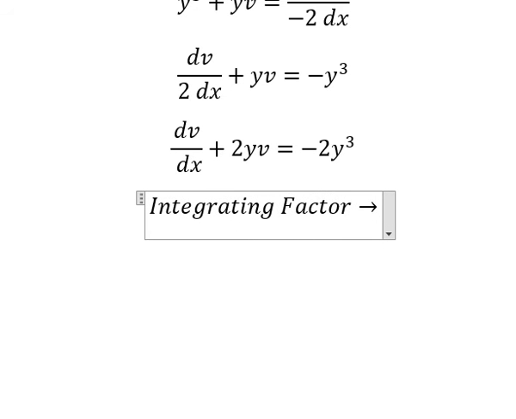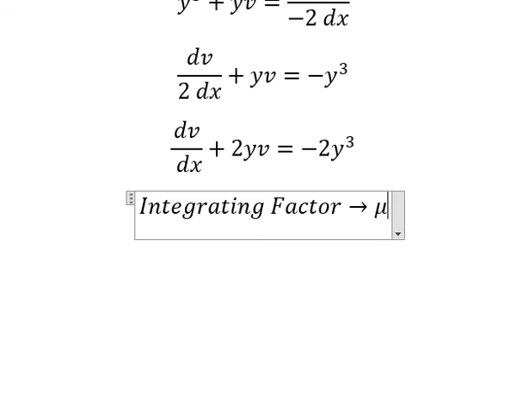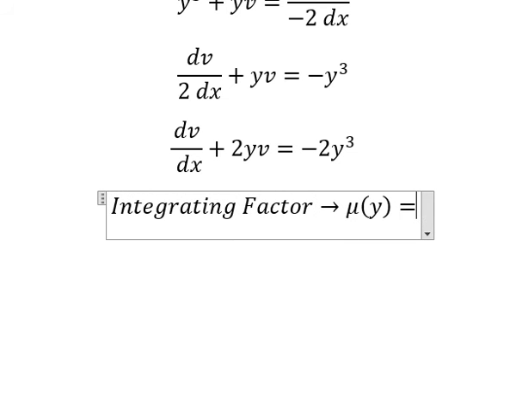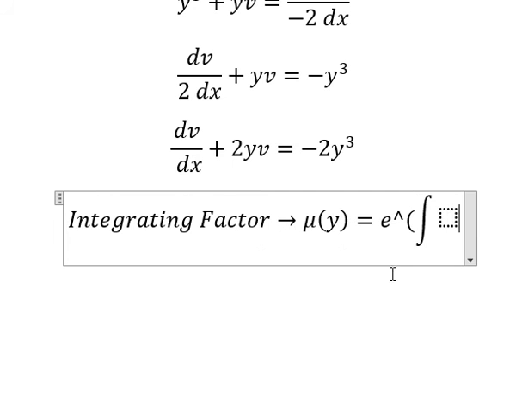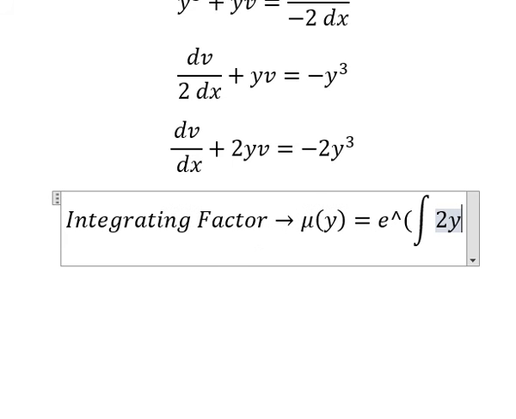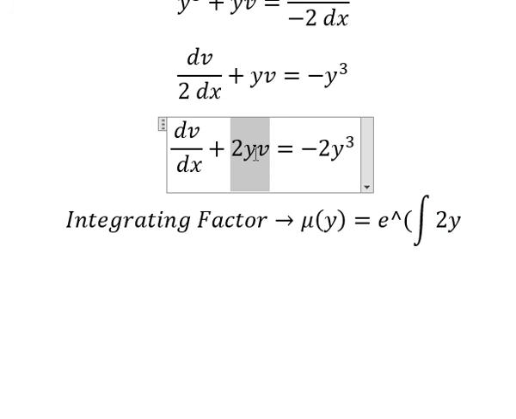So we need to find mu of y equals e to the power of the integration of 2y. 2y, that is this one in here.